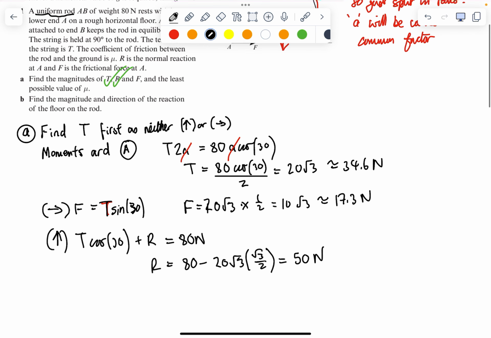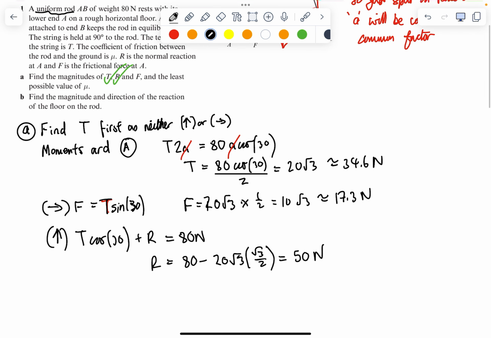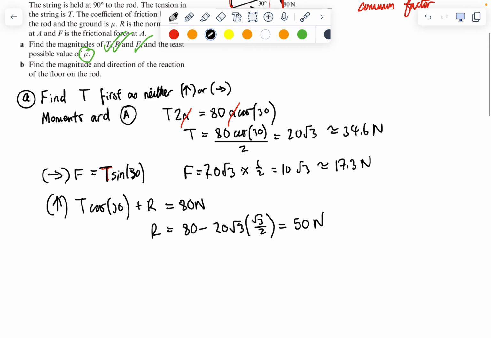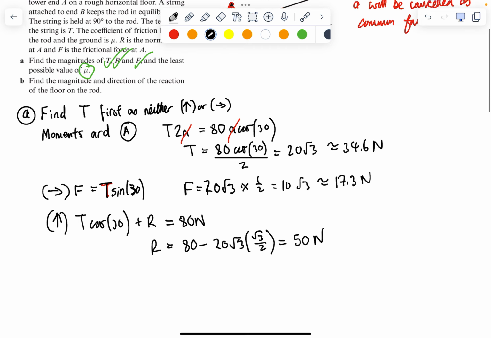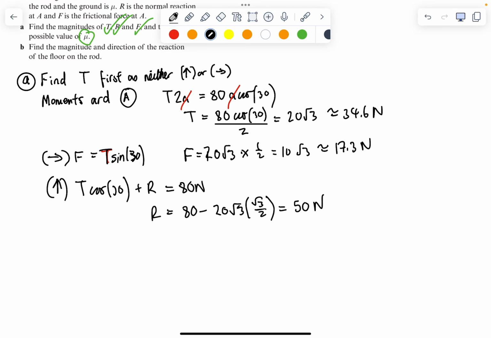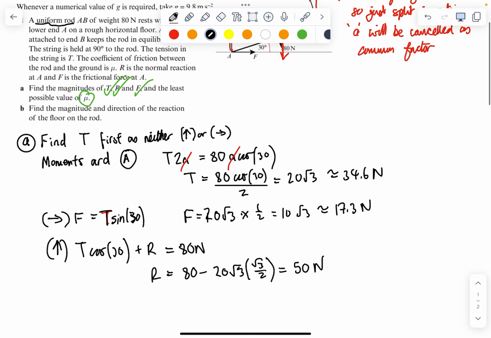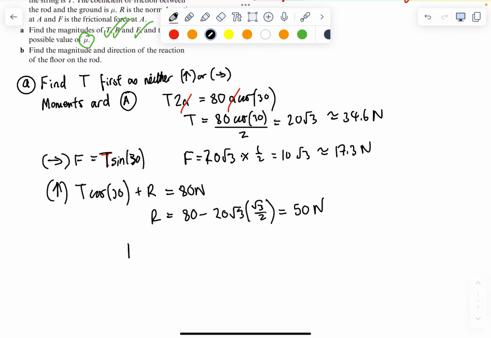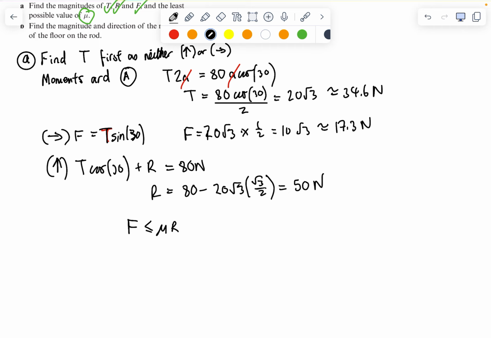Now all I'm left with is F. Oh no, I've got F. Yep, sorry. Now all I have to do is work out mu. Okay, now I know it says to find the least possible value of mu. Right. So in order for our rod not to slip, that means that frictional force has to be less than or equal to mu R, and that's the thing that holds it in place. Remember, if it exceeds that, it's moving.